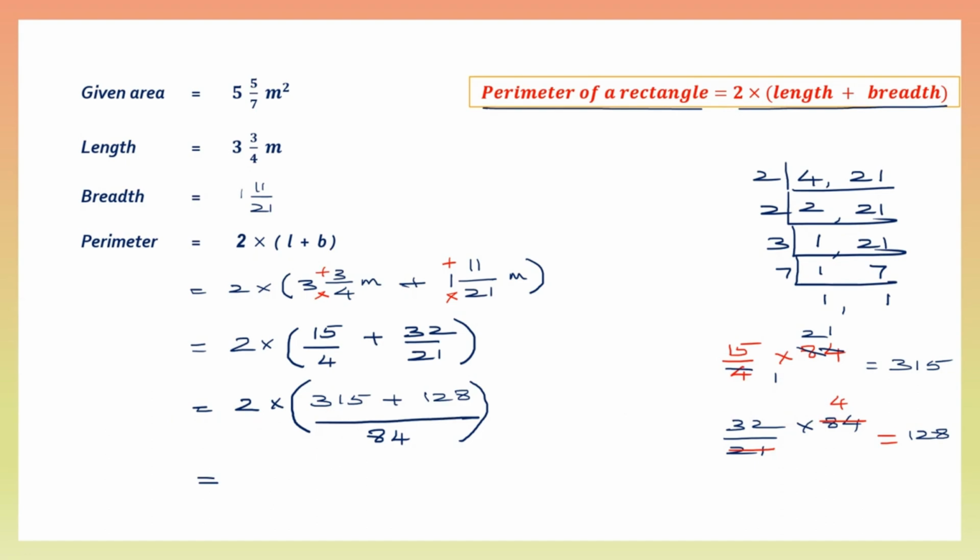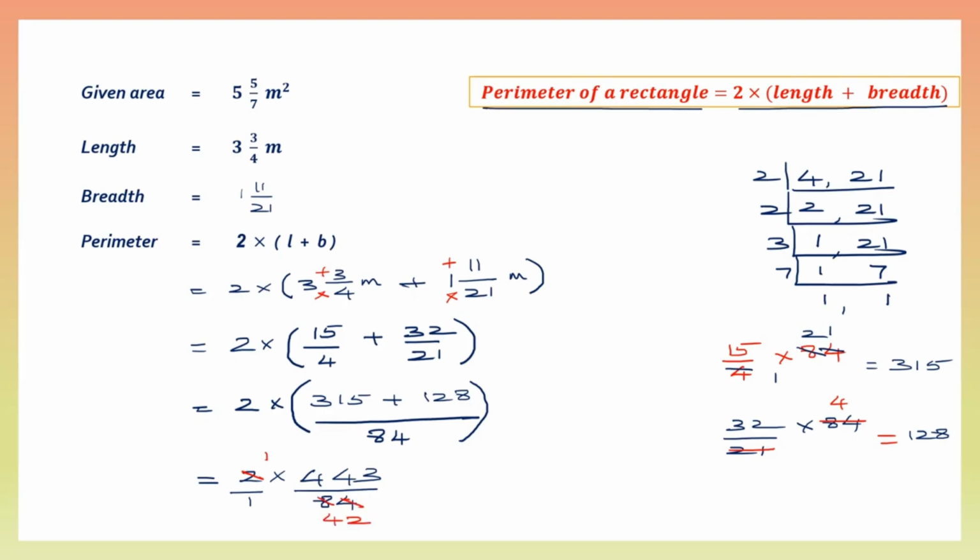So this becomes 2 into (315 plus 128). You have to add both, you get 443 divided by 84. Now here we can cancel 2 and 84. 2 ones are 2, we can cancel that, and 2 fours are 8, 2 twos are 4.